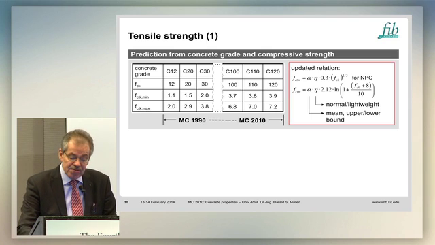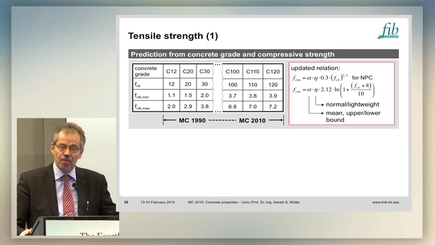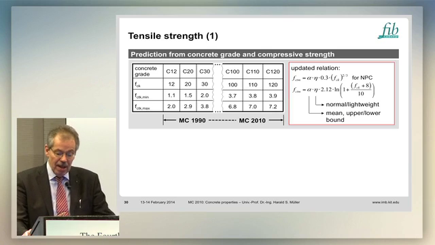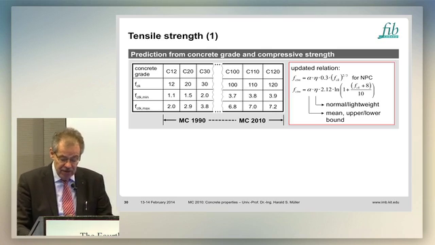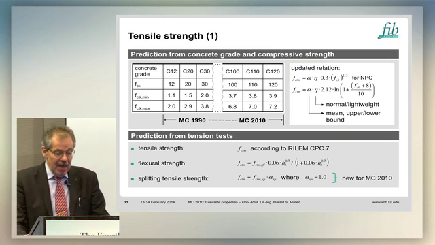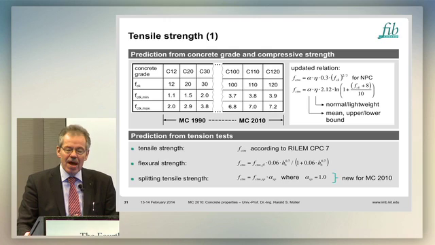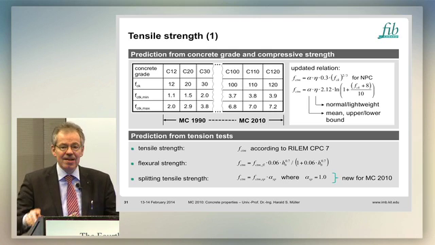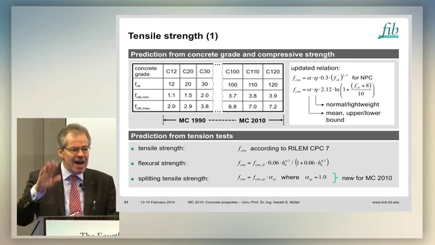And we include also factors to deal with lightweight concrete, and also a factor which is important for tensile strength to calculate mean, upper, and lower bound values. There are factors given for these lower and upper bound values. And these are the formulas you need to predict the tensile strengths from the compressive strengths. And these values are also included in the formulas for shear and all the other things.